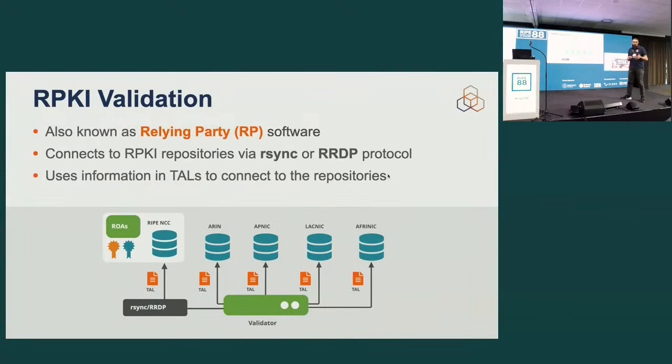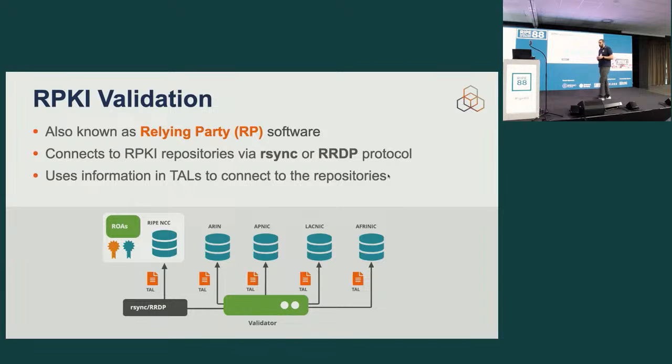Now let's talk a little bit about the operations of these validator softwares, which are known as relying party software. Basically, they connect to the RPKI repositories using one of two protocols, either the rsync protocol, which was the older one, or the RRDP protocol based on HTTPS.